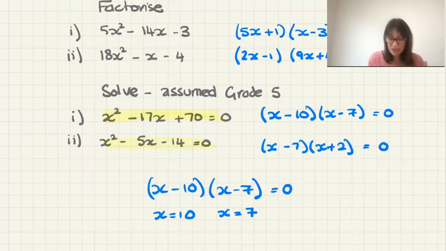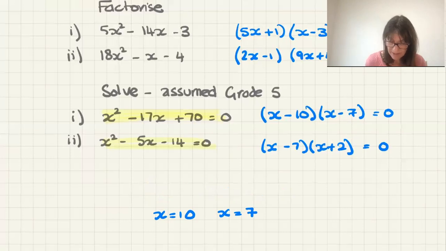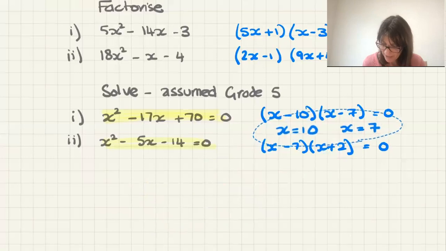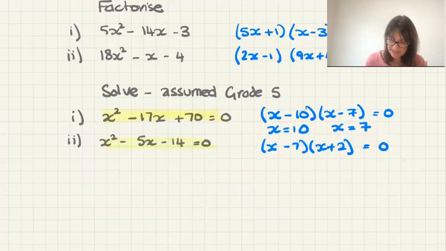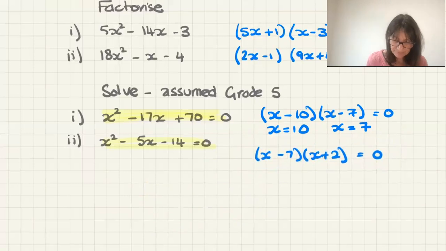Okay, let's look at the other one. I wonder if I can slot that in so it's where it lives now. There you go, look. x is equal to 10, x is equal to 7. On this one, which I'm going to just drop down a little bit so it's not all squashed together, x is going to equal 7. 7 take 7 is 0.